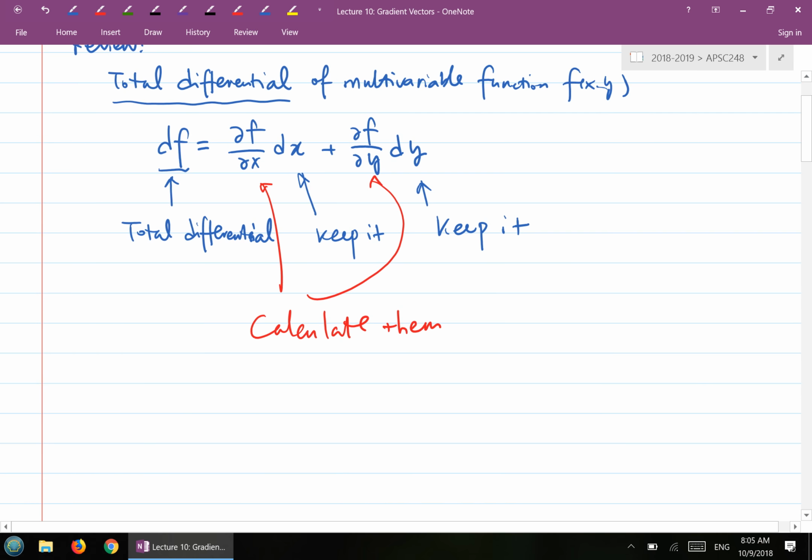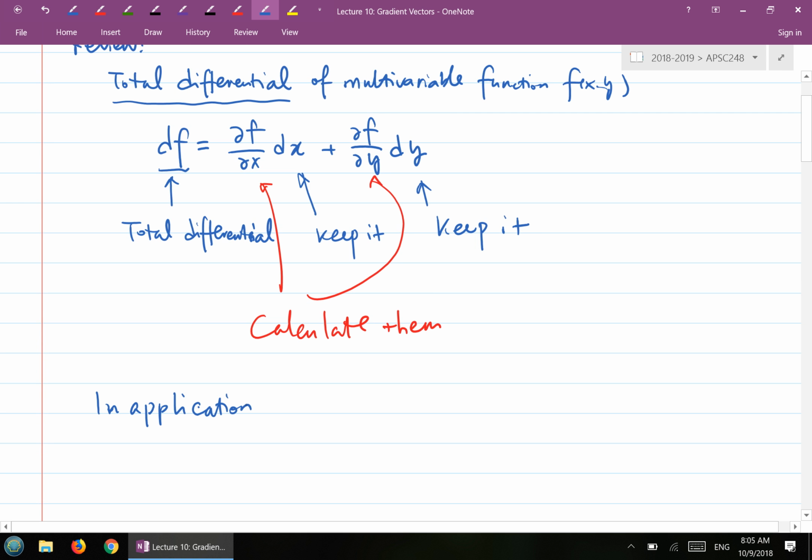In terms of questions, if you have a function given, you just have to calculate two partial derivatives and plug them in here, and you get your total differential. Now in application, when we're applying this total differential formula, we apply it differently.